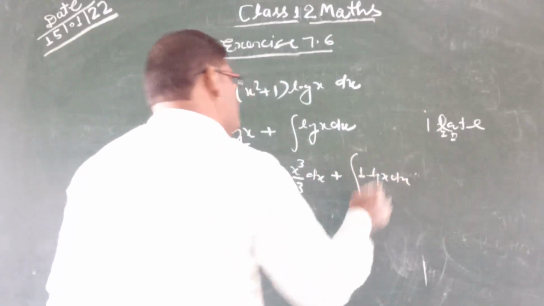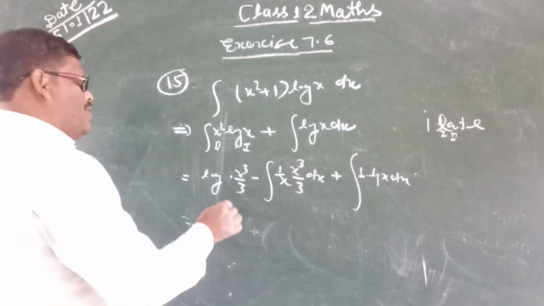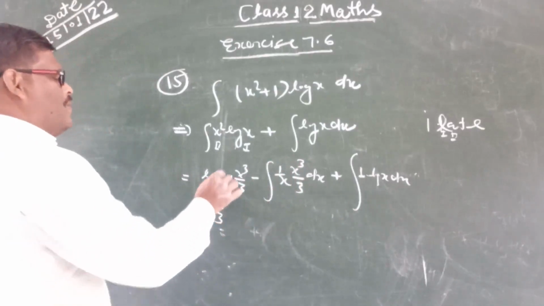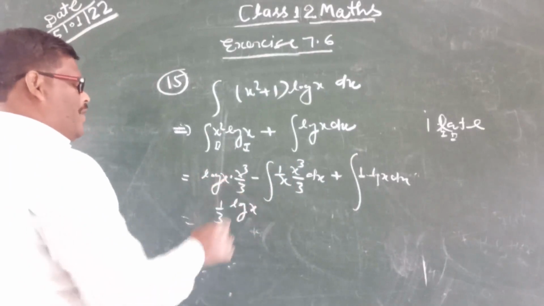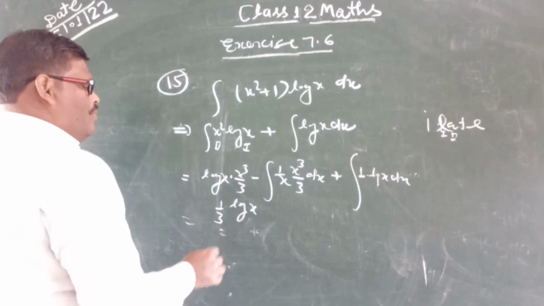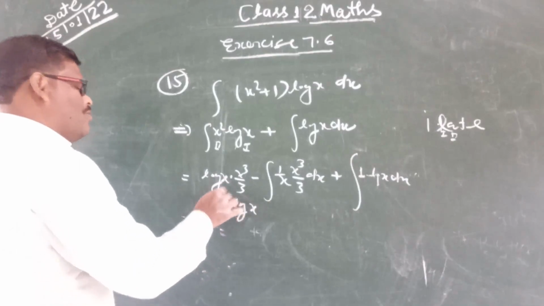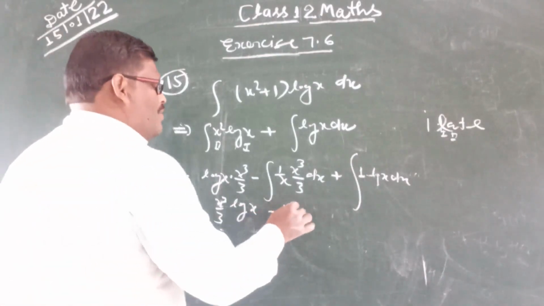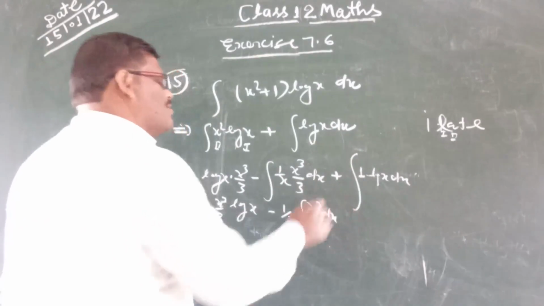So it reduces to 1 by 3 log of x multiplied by x cube, that is x cube by 3 multiplied by log x, minus 1 by 3 integration of x square dx.